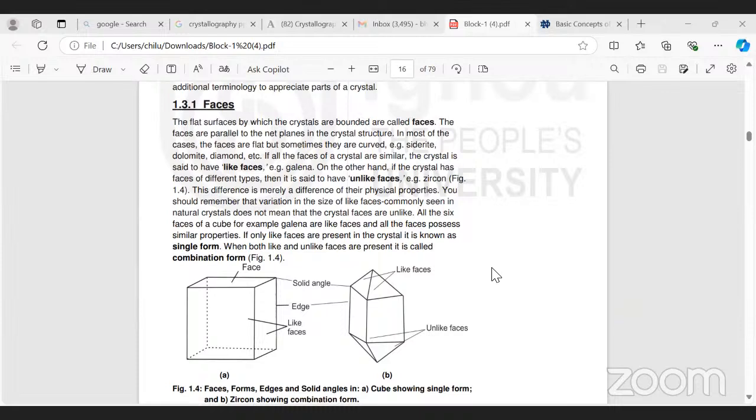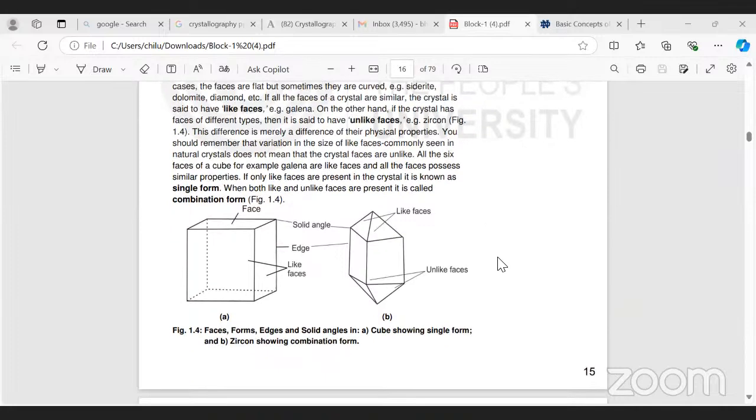Or some of the faces are not flat. Some have flat areas, some have non-flat areas. So here we divide those faces depending on whether they are like faces or unlike faces. Okay.